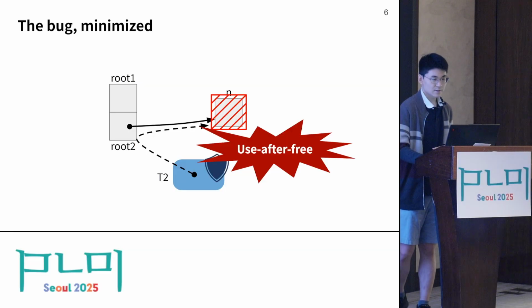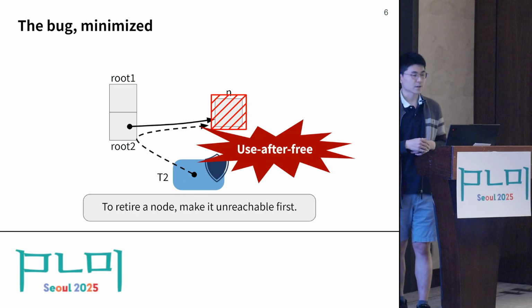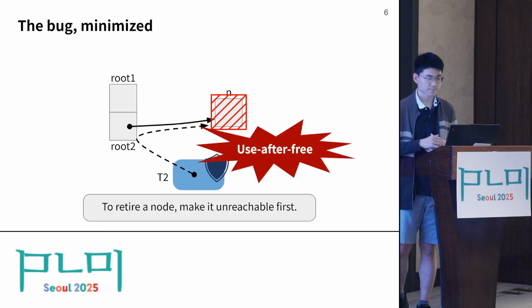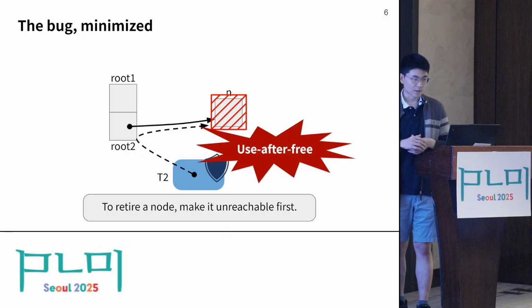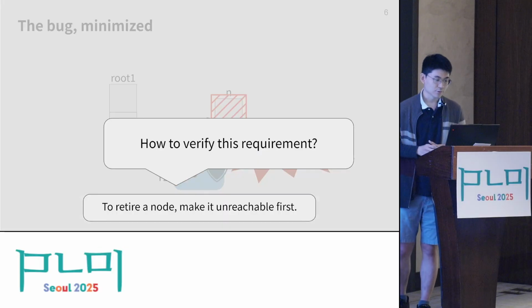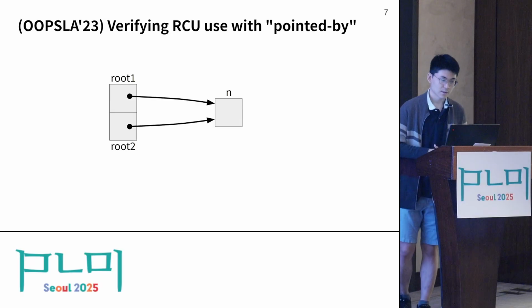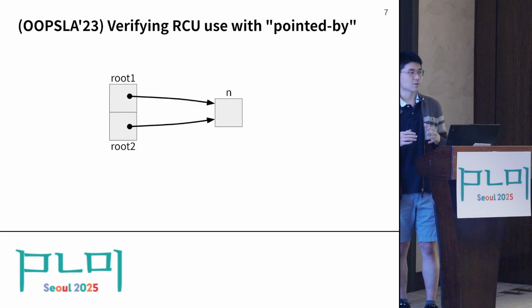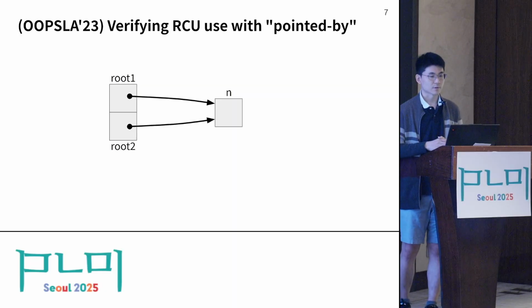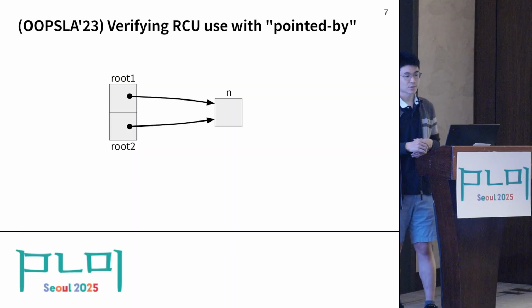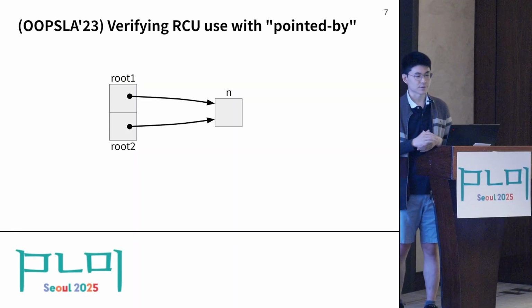So this bug highlights a requirement of the retire function: the node to be retired must be completely unreachable from the roots. And our question is how to enforce this kind of requirement. Actually, this is the problem we already explored in our prior work at Uppsala 23. In that work, we used a concept called the pointed-by assertion.